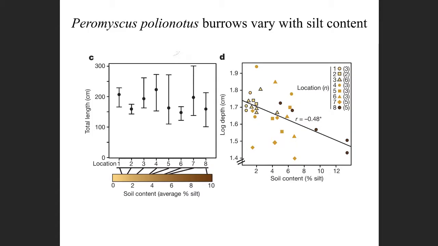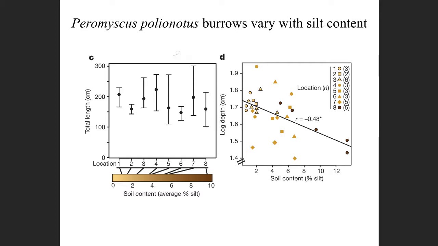Now, the genus, both oldfield and deer mice, Peromyscus. Peromyscus polionotus burrows vary with silt content. In other words, some burrows they're making in high silt and some in low silt.